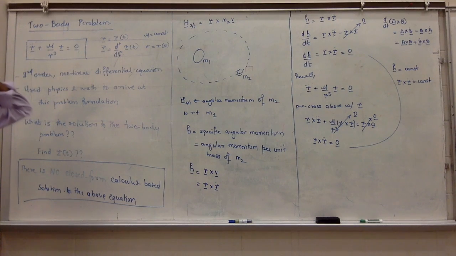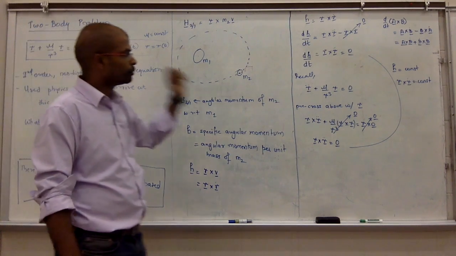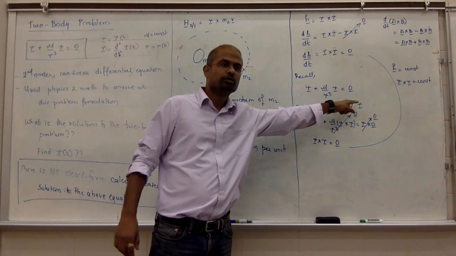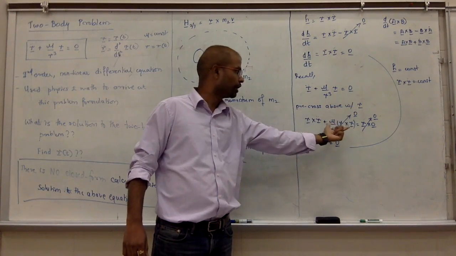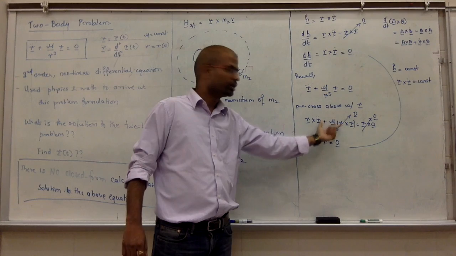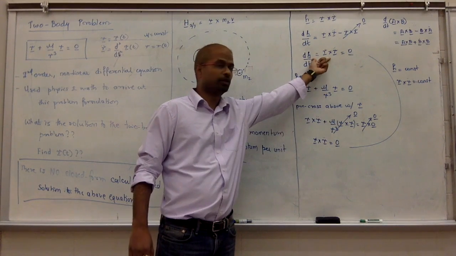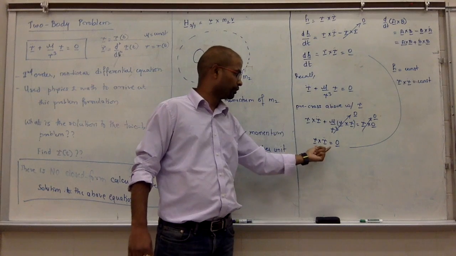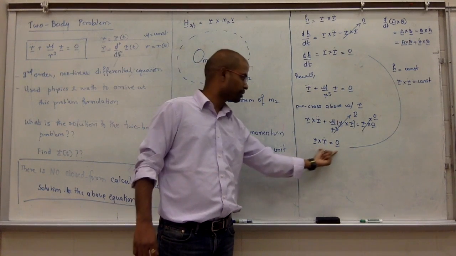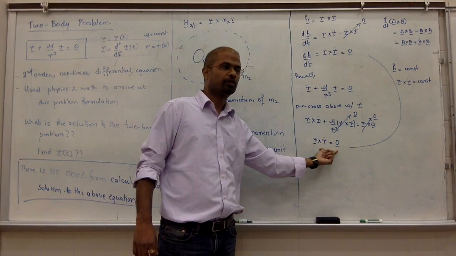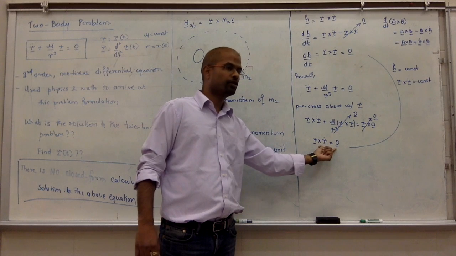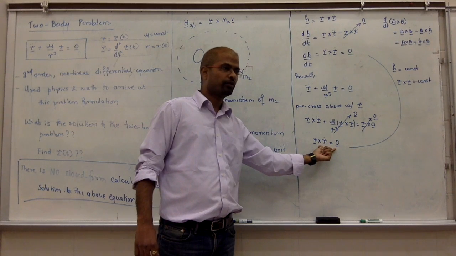You'll pre-cross it with R, and then you'll show that this is 0, and you'll say this is nothing but this. You have to prove that. Just showing this is equal to 0 doesn't mean anything. You have to show that this is actually the derivative of the specific angular momentum.